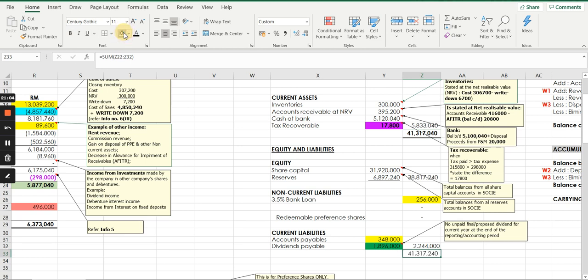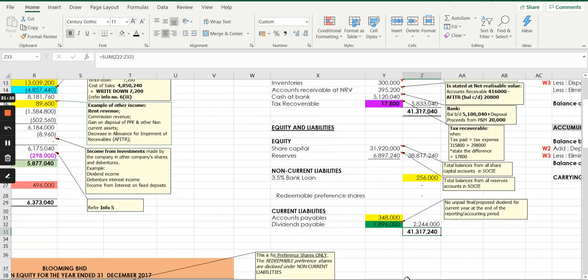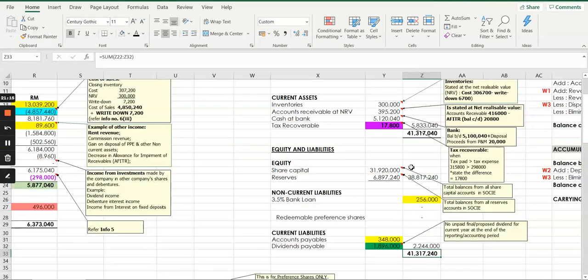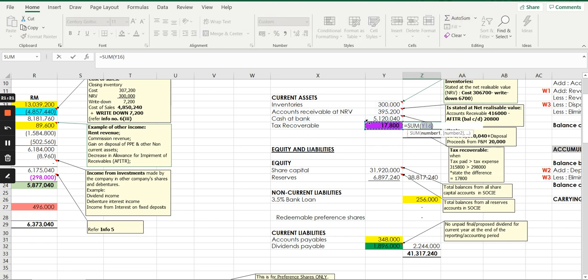Because you guys are always worried about balance. So keep that balance. 4,137,240. Okay. Why is it not balanced? We have to check on that. Maybe this is the reason why. I will check for that.